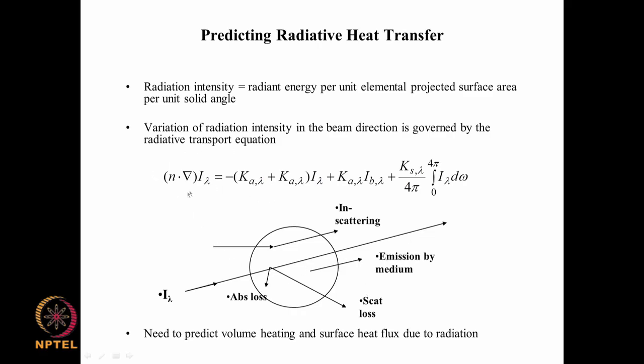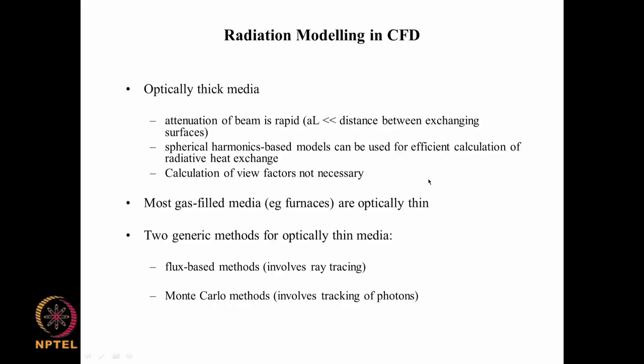All these things will come out in the form of an integro-differential equation. So this equation is very different from the equations that we have considered, and we have to solve this in order to get a proper treatment of radiative heat transfer.